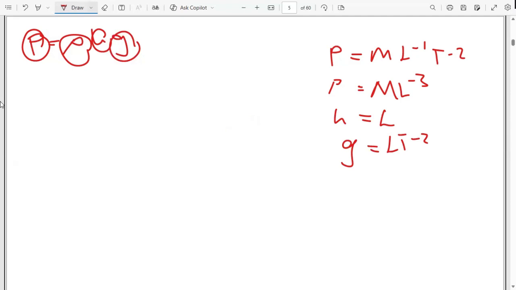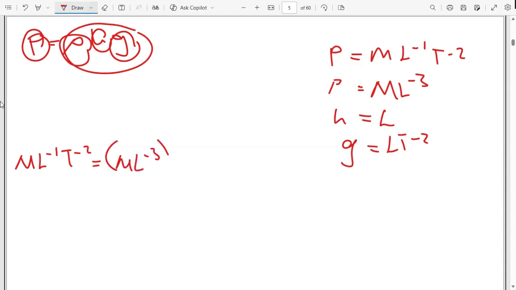So I'm going to say my left-hand side, which is equal to M L to the power minus 1, T to the power minus 2, will be equal to the right-hand side, where I'm multiplying these three values. We have rho, which is M L to the power minus 3. We have height, which is depth, which is L. Then we have g, which is acceleration, which is L T to the power minus 2.